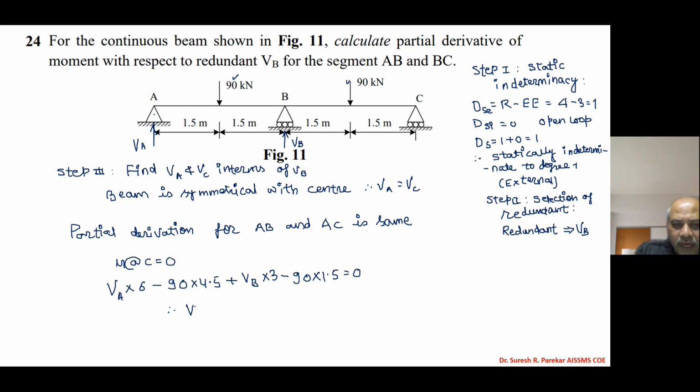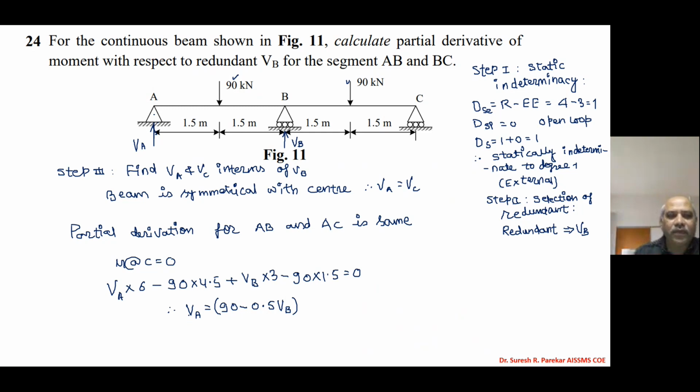Therefore, finding VA from this, we get VA equal to 90 minus 0.5 VB.